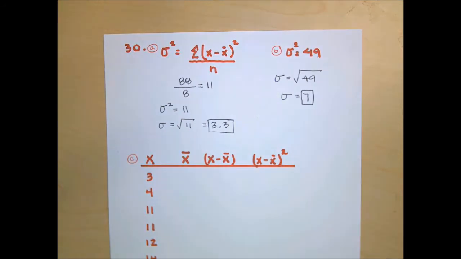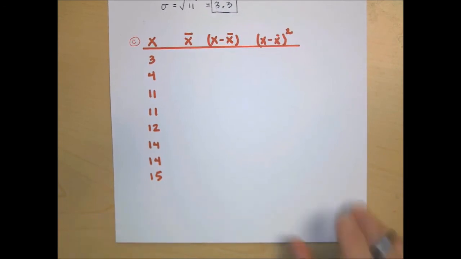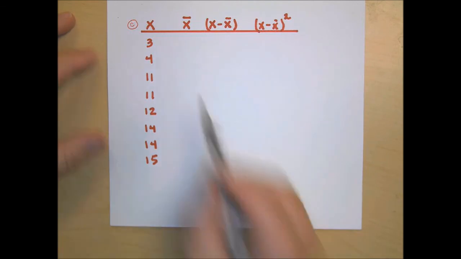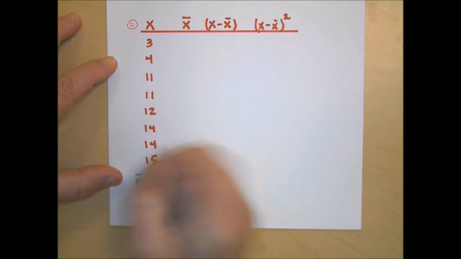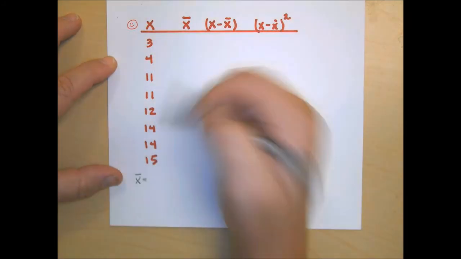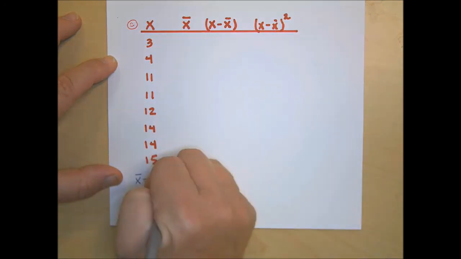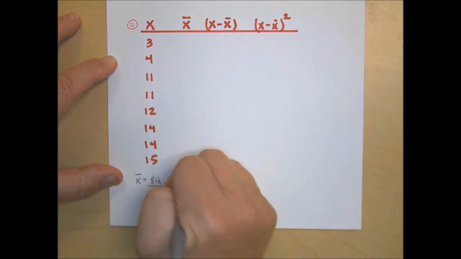Now, the C part of the problem gave us a data set. It gave us 8 numbers. So in order to find the standard deviation, we're going to have to go through that process of completing this chart right here. And the first step is finding the mean. Now remember the x bar, the mean, is simply the sum of all the data set points, which I've already done, which is 84, divided by 8, which is 10.5.